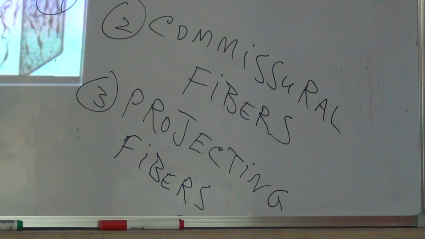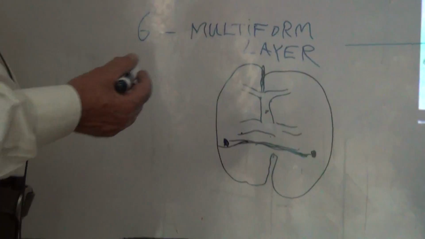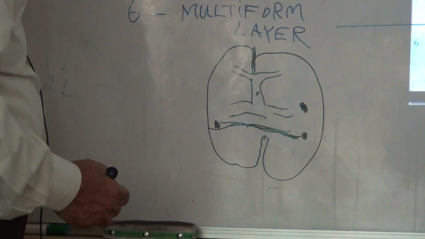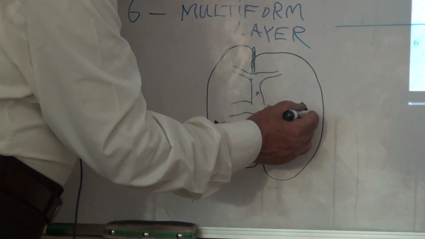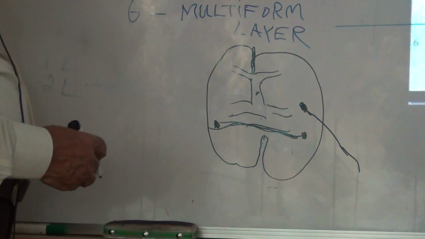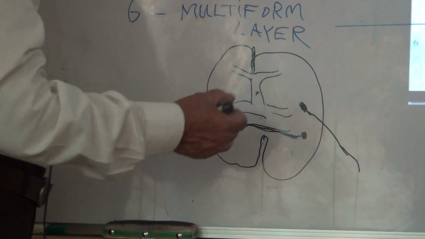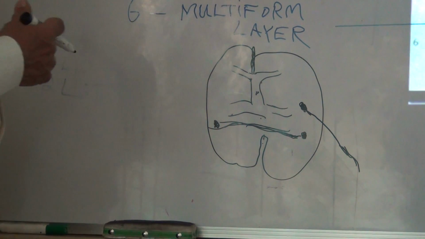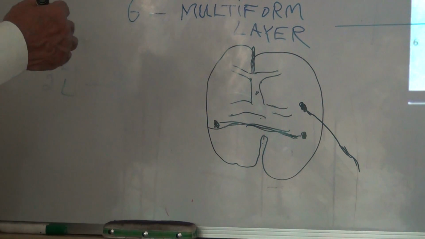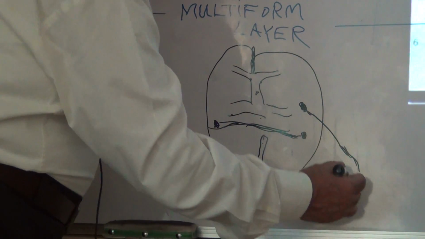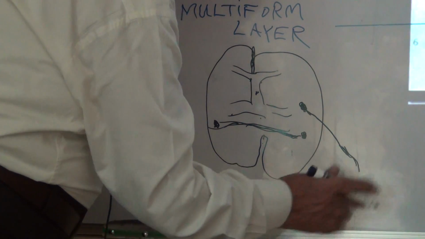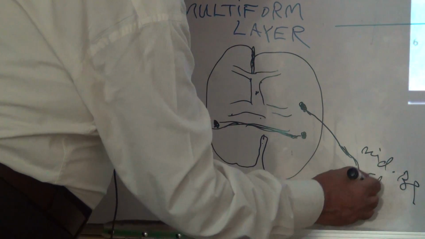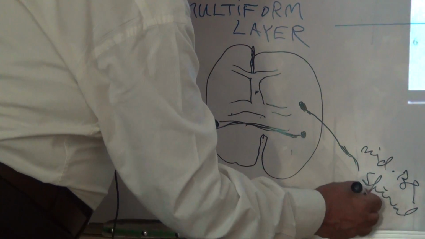Now these type of fibers, from one side of the cerebral hemisphere, move outside the cerebral hemispheres, and then the fibers reach the brain stem, midbrain and spinal cord.